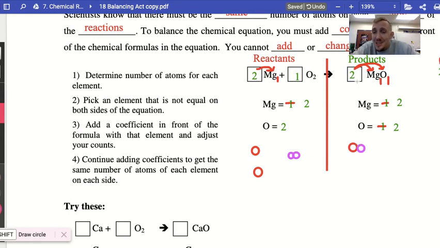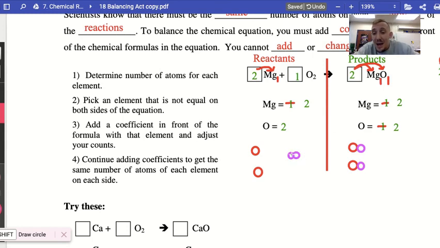But the coefficient's telling me I have 2 of these. So I have 2 of these individual compounds. Okay. And so if you guys can see the elements themselves, I started with 2 separate magnesiums, and I added them with an oxygen. And when they get into close contact, you could see the products.